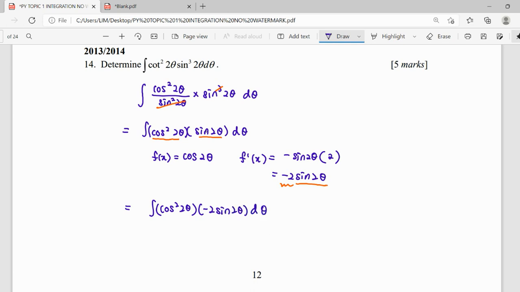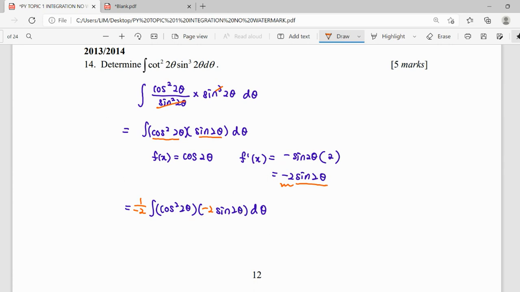But when we multiply in negative 2, it means we are changing the question. So in order to maintain our question, we divide back by negative 2, that is, multiply negative 1 over 2. This is how we multiply and divide back. So our question is still the same, but we meet the pattern that we want. We managed to find our f prime x. So this is our fx, this is our f prime x.